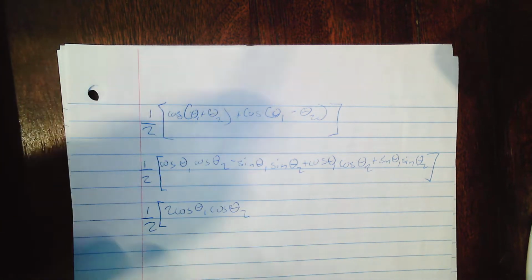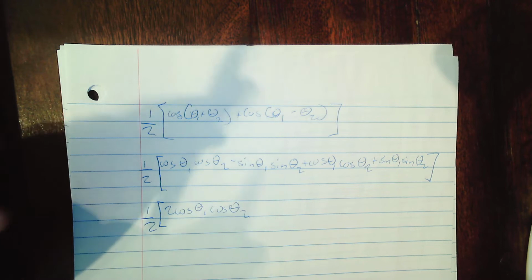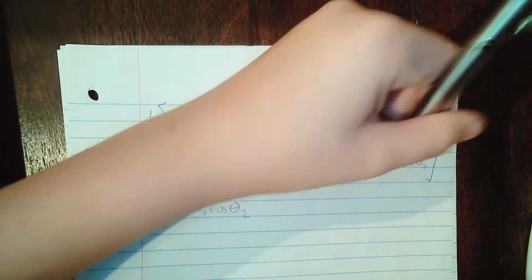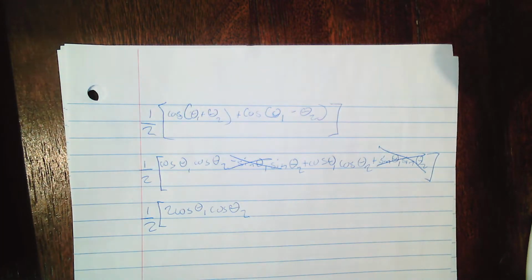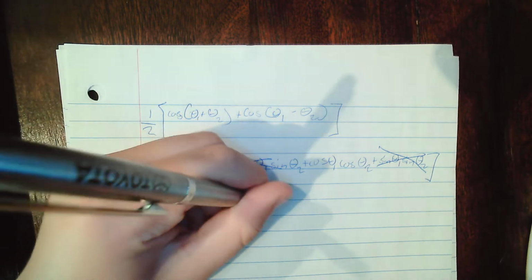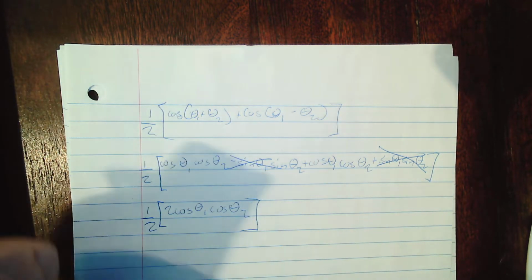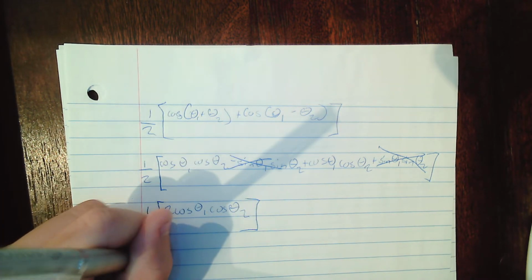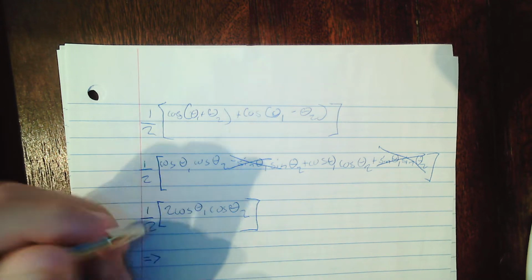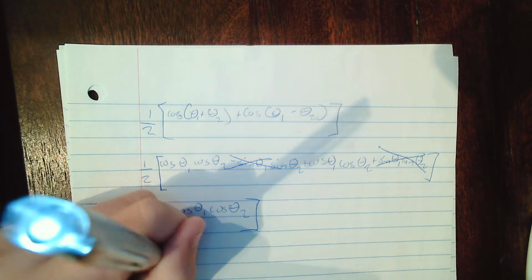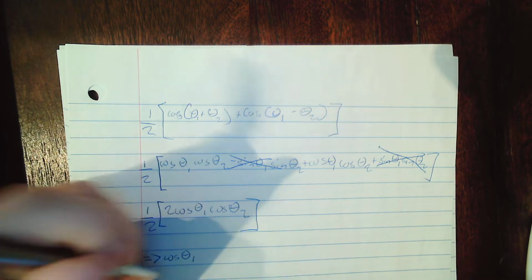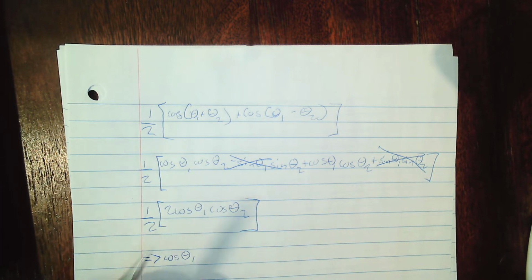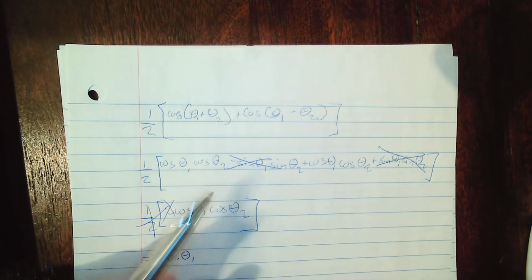And the reason why is that these cancel out, and there's 2 of those, so it's just 2. Oh, I'm sorry, I missed a step here, but the 1/2 and the 2 cancel out. So it's just this.